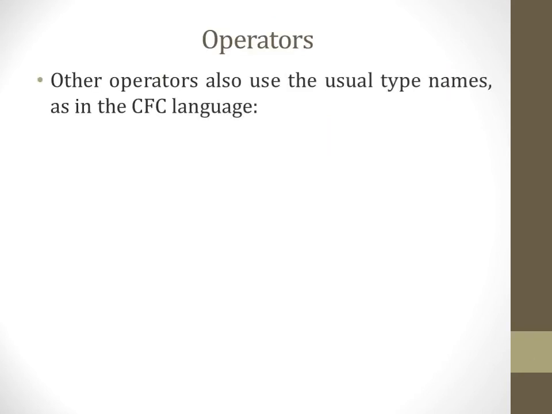Other operators also use the usual type names as in the CFC language. So it's sine, cosine, mod, abs, limit, etc. They are the same operators which we use in CFC languages.